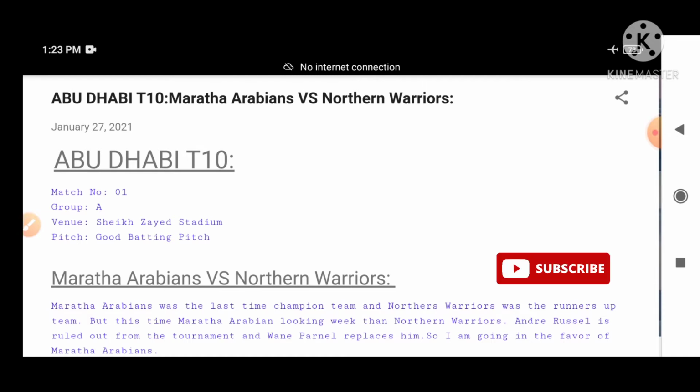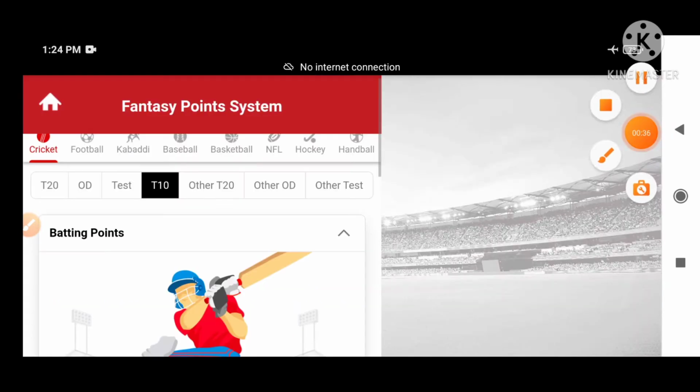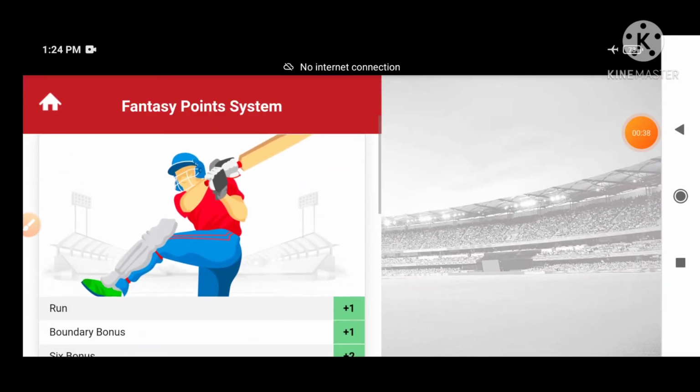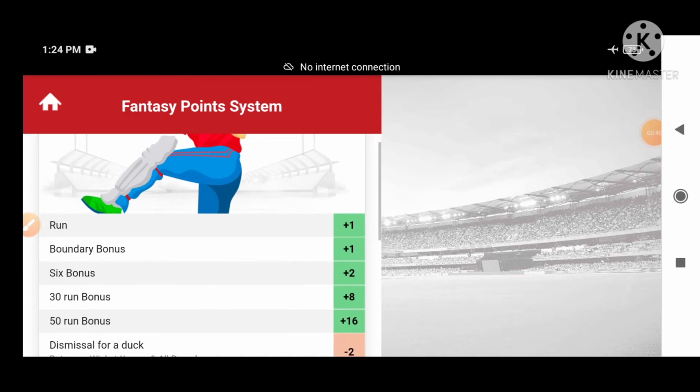But first of all, in T10 matches you have to understand the point system. So I go to the point system in Dream 11, and I will discuss it one thing at a time. Coming to the batting point system: per run you get 1 point, and a boundary bonus of plus 1 point.